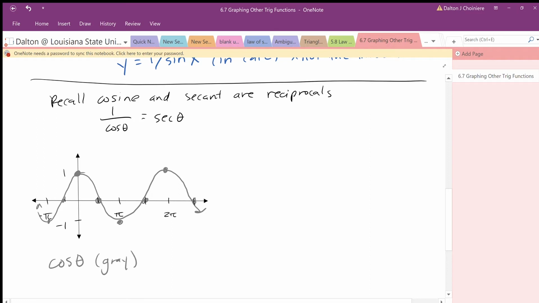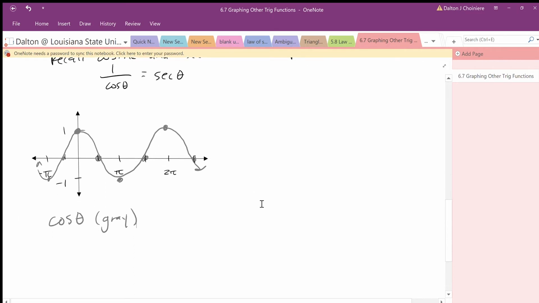If I graph the secant, if I take the reciprocal, we're going to save time. Instead of having to write out our charts, just know that it is very, very similar to the sine and cosecant relationship. Our x-intercepts here have y values of 0, so when I take the reciprocals, when we divide by 0, we will get an undefined value again, meaning we're now going to have asymptotes at these zeros.